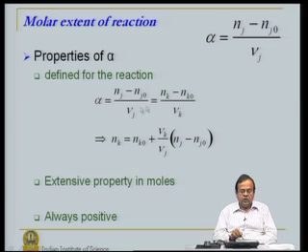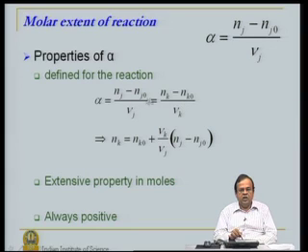Since alpha is not defined for the species, but for the reaction, I can use this quantity N j minus N j 0 by nu j, or N k minus N k 0 by nu k, N L minus N L 0 by nu L, and so on, and they all must be equal.